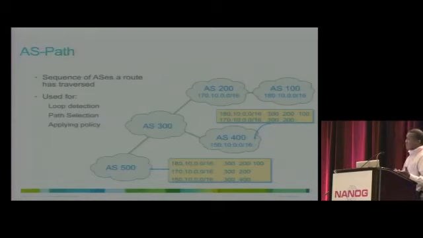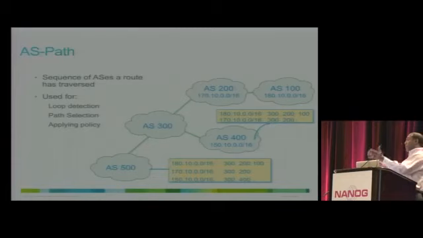So the AS-PATH for that particular route, as it appears in AS500, will be 300, 200, and 100. The last one is where the prefix is originated, and the first one is the directly connected, the direct AS neighbor.